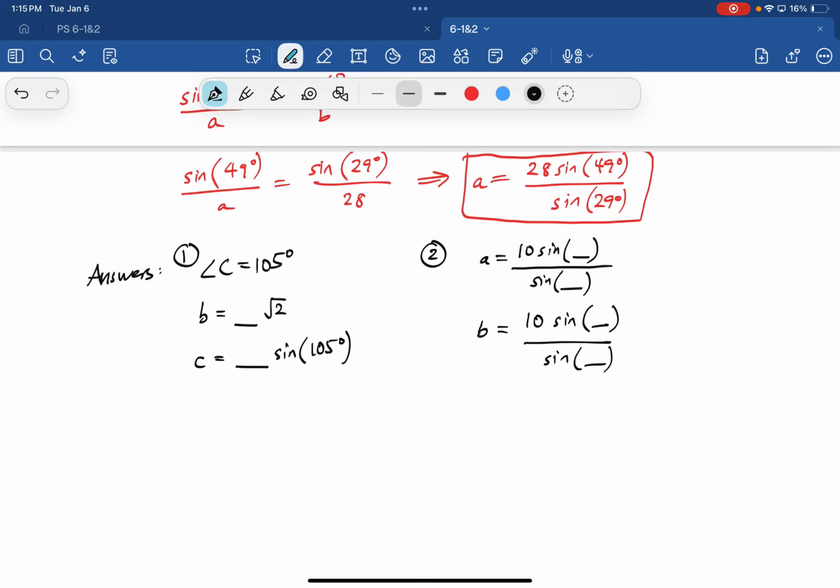Just find the values of sine 45. Can you check my answers? It's good.